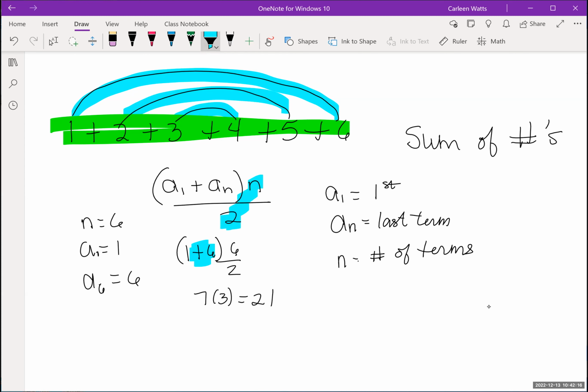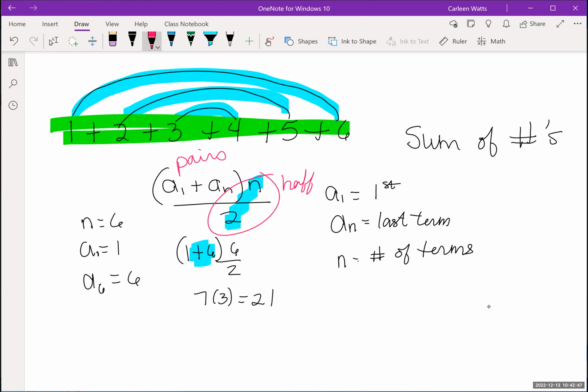Now, I don't have n pairs. How many pairs do I have? I don't have 6 pairs. How many pairs do I have? 3, right? If I have 6 numbers, I have 3 pairs. That is where this comes from. So this is the pairs, and I have half as many pairs.